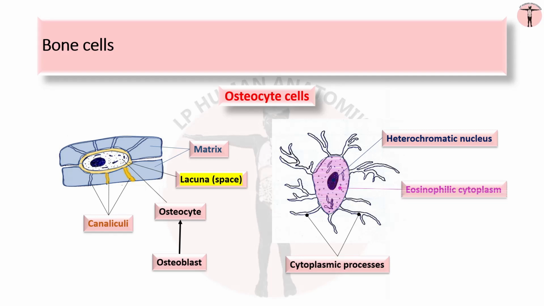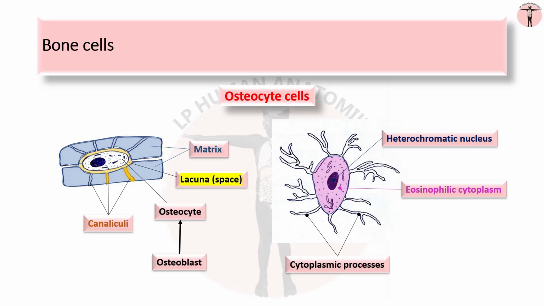The cytoplasm is eosinophilic due to negligible secretory activity and a small amount of endoplasmic reticulum. The cells remain alive in calcified matrix and secrete alkaline phosphatase to maintain calcification.